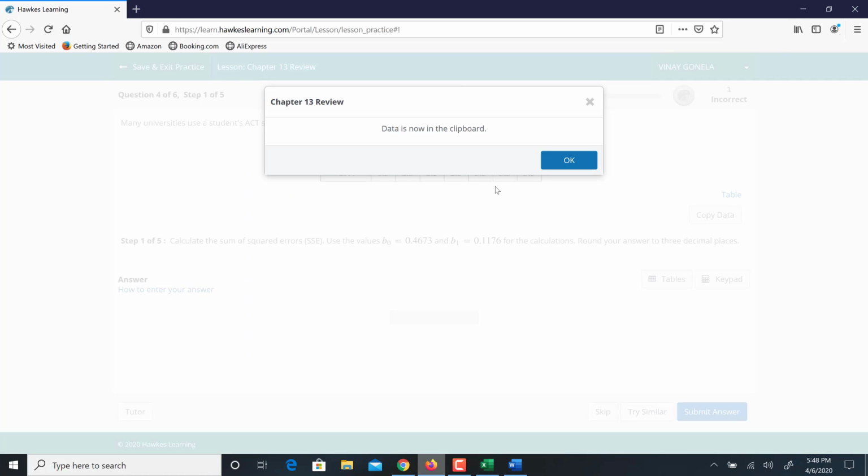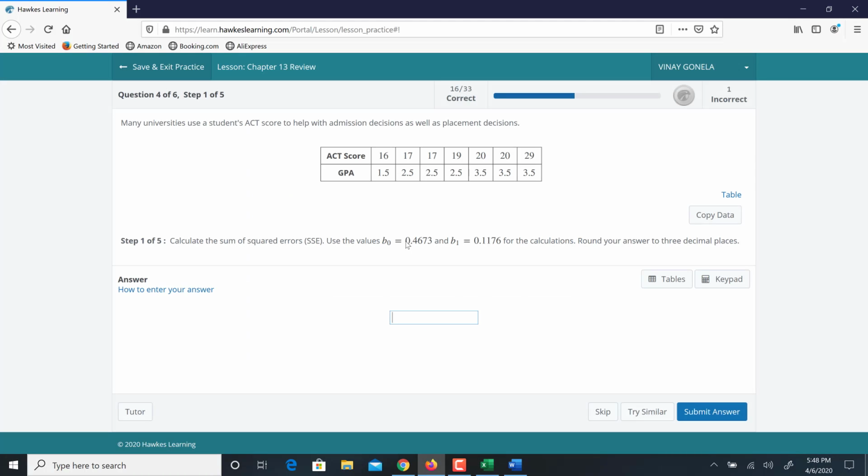So you are looking at your beta naught, which is 0.46, and 0.11. They are consistent. That means our y and x are right, so we can cross check that.